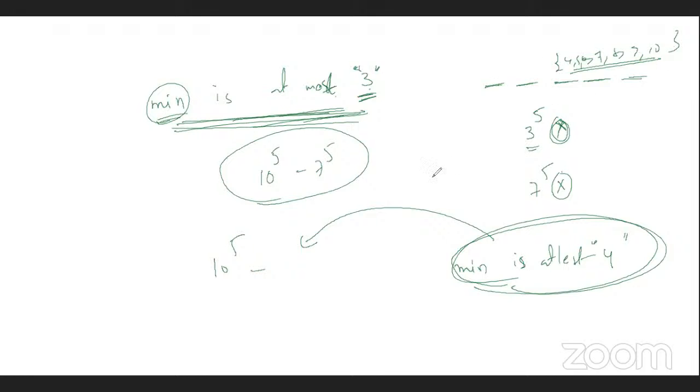So how many numbers are there here? Sir, 7. So for each draw 7 possibilities, so 7 power 5. So Tejas's answer is correct only.